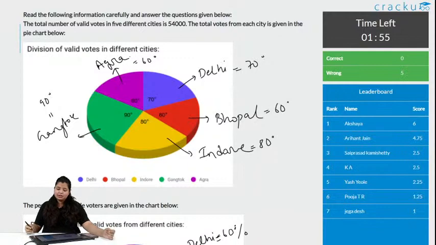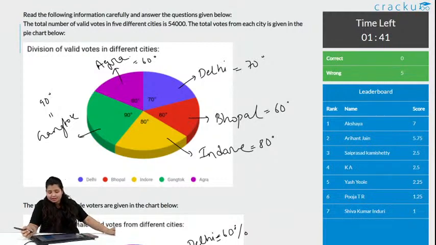Come on people, come on Akshaya, you are scoring, that means you have extracted all the data. The questions are very easy, just solve them. Come on Sai Prasad. Sivakumar, come on. 1 minute 30 seconds remaining.